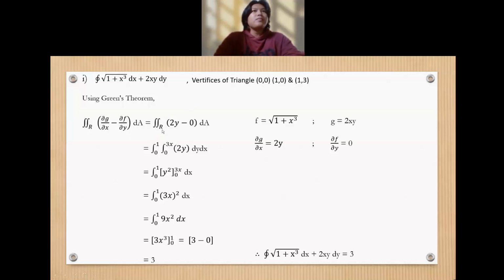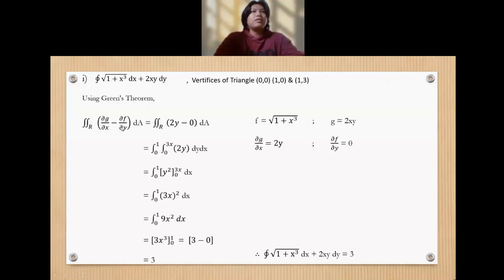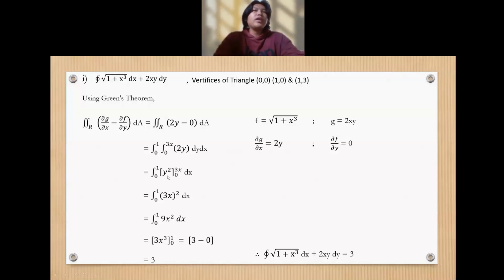we will have a double integral with the limit y minus 0 dA. So the first one we will find the value of f and g. So f is sec(1 plus x cubed). And g is 2xy. We got ∂g/∂x is 2y and ∂f/∂y is 0. So after that we substitute into the equation, and dA will be dy dx.